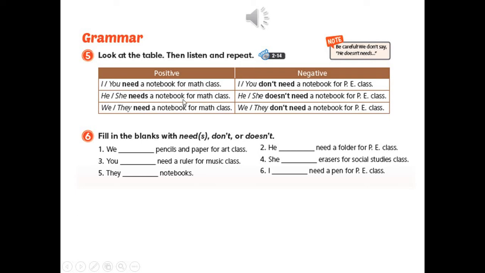She needs a notebook for math class. He doesn't need a notebook for PE class. She doesn't need a notebook for PE class. We need a notebook for math class. They need a notebook for math class. We don't need a notebook for PE class.